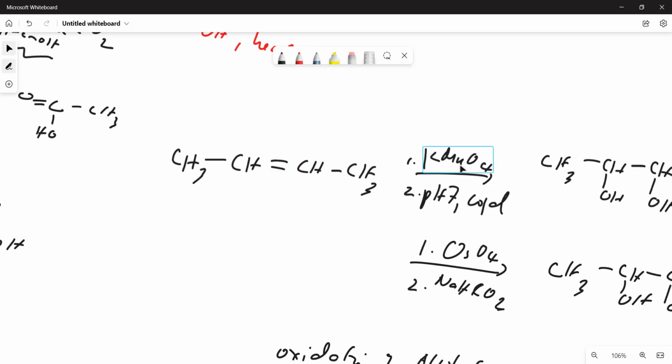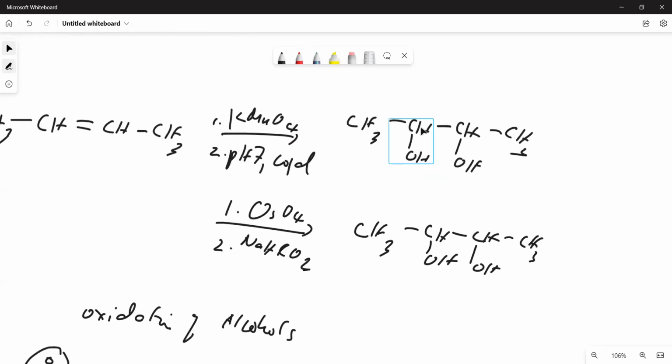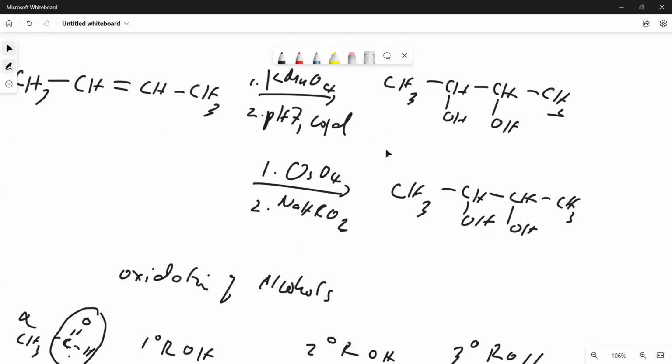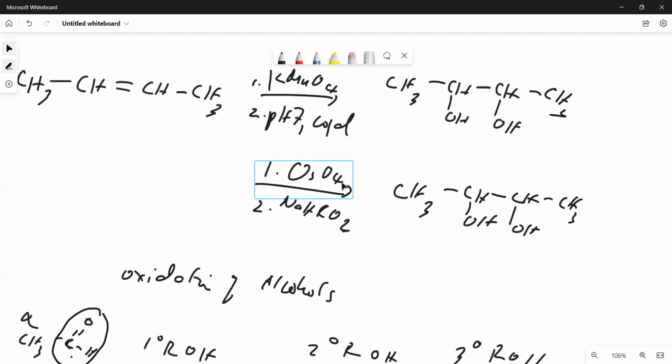So when you add potassium permanganate that is neutral and cold, this portion here will become diol, as you can see here, no? So hindi naputol. Yung pi bond lang yung na-oxidize, no? So you can also use, okay, osmium tetraoxide. And the second reagent should be sodium bicarbonate, no? The same product, diol din yan.